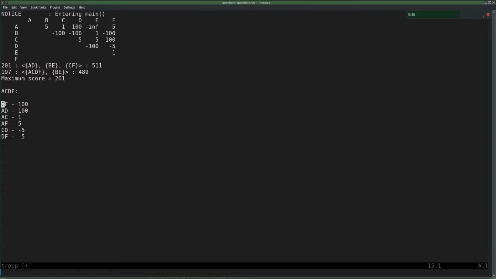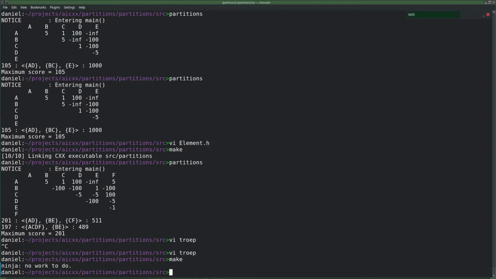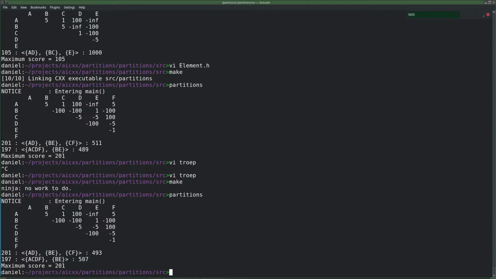But let's try to find a case where moving a pair does not work. I'm not sure I can easily find that, but it's actually unlikely that you can find it with 6 elements.